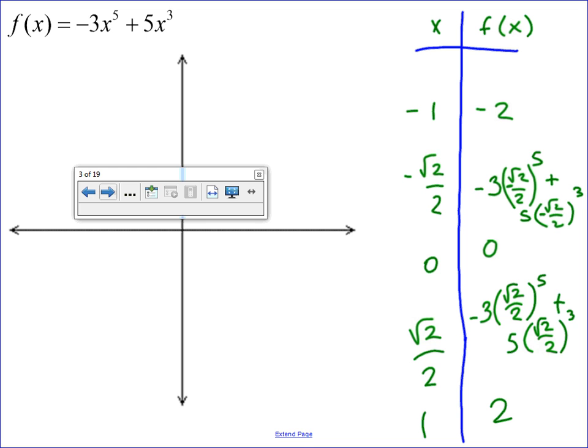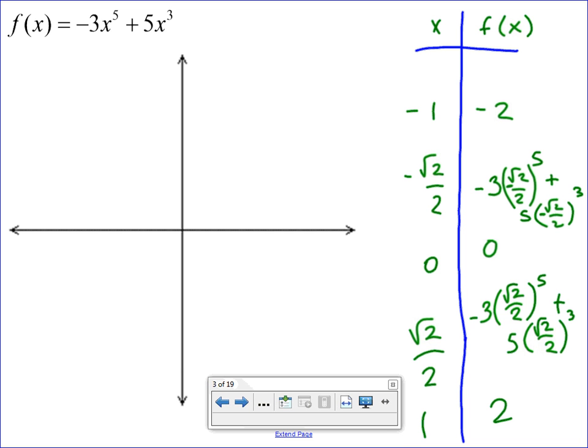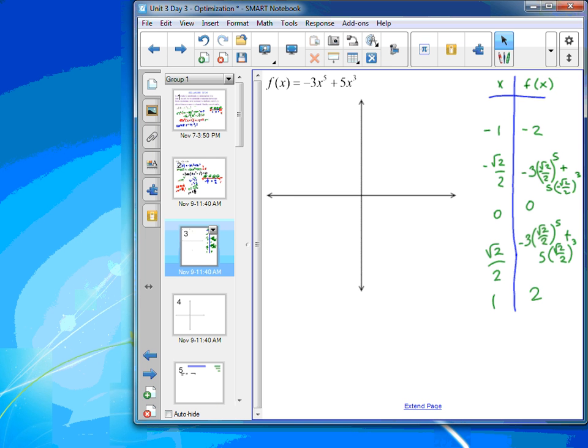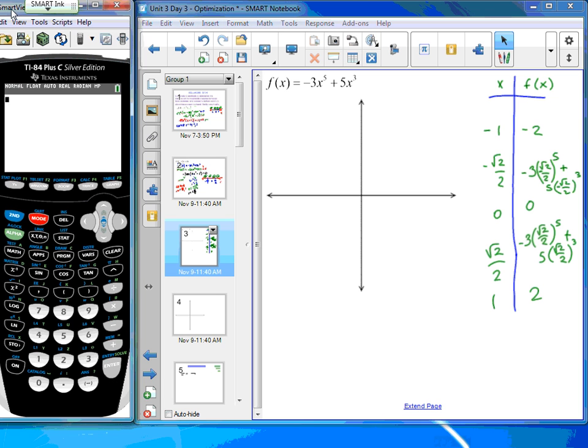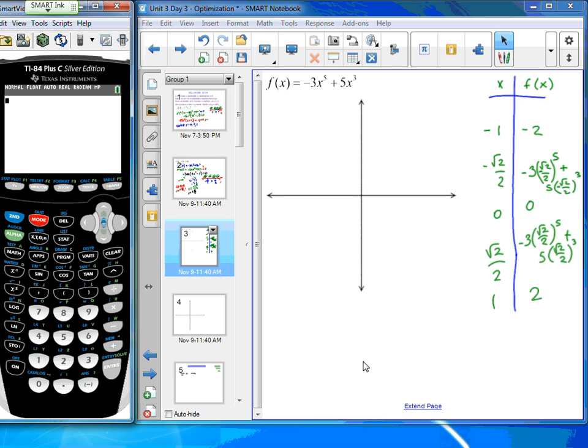Awesome. So I'm going to pull up the emulator here. And I know that you guys are already ready with your decimal approximations. Thanks for that. That's awfully sweet. On my home screen, I'm just going to get a decimal approximation for that. So if I had negative root 2 over 2, we know that's about negative 0.707.